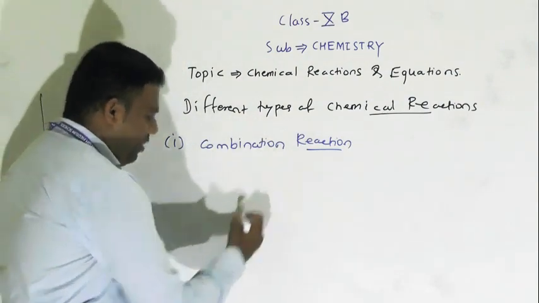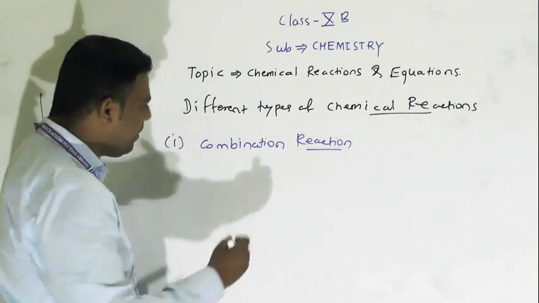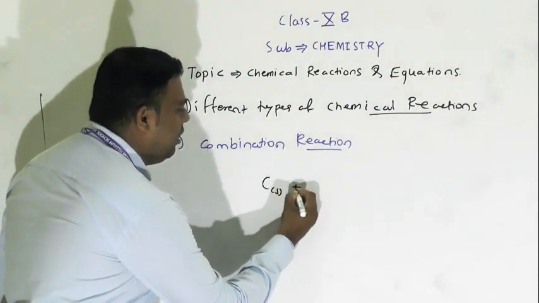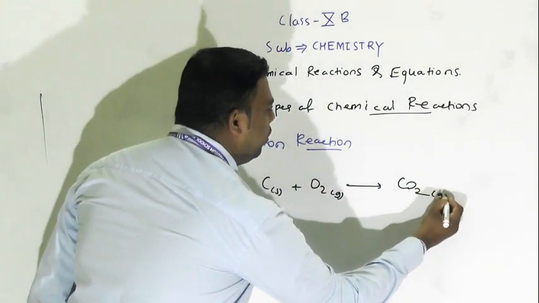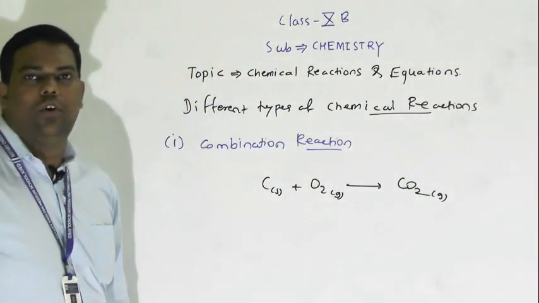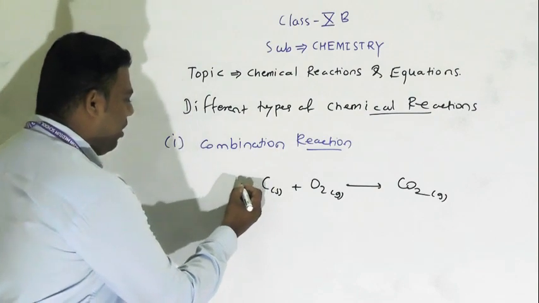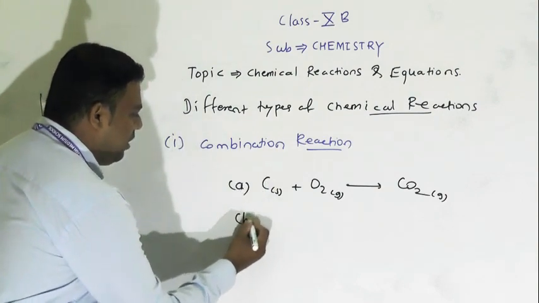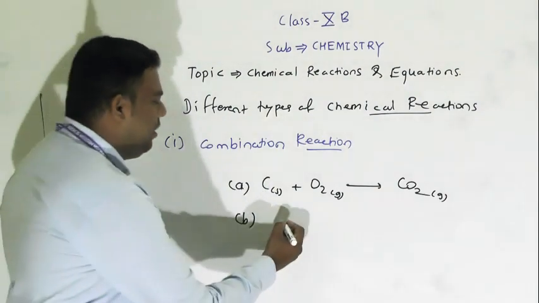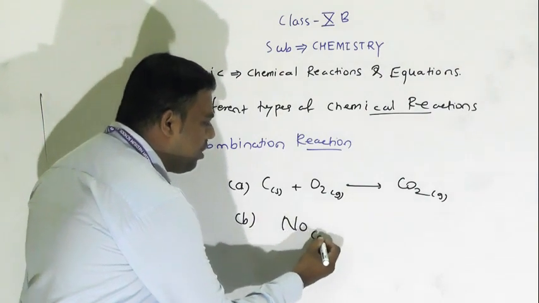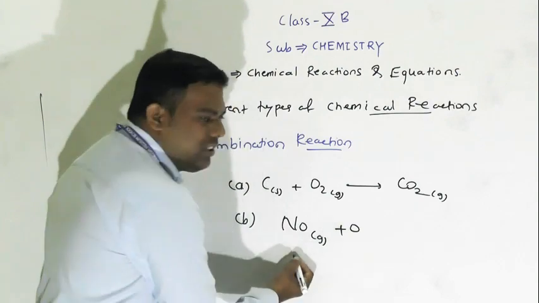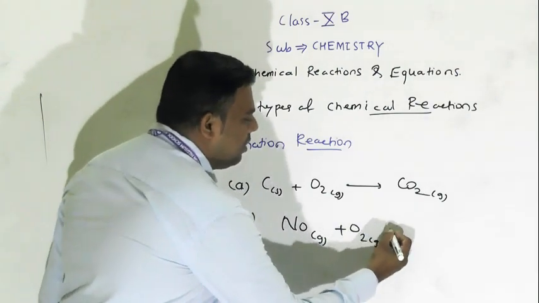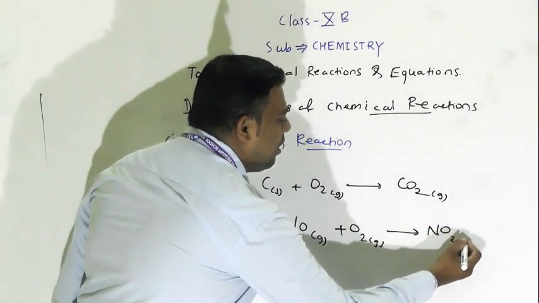In the examples, carbon solid plus O2 gaseous gives CO2 gaseous. That is your first example. Now see your second example. Nitric oxide gas, NO gas, when it oxidizes, what will form?